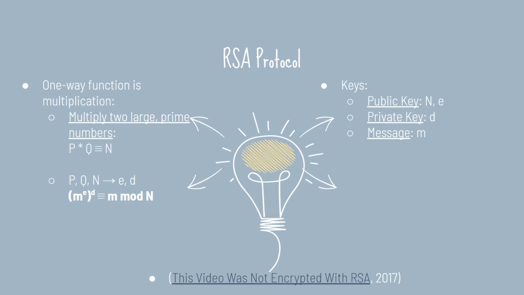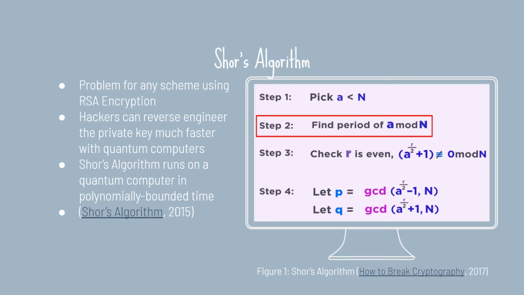This system ensures that encryption is relatively fast and decryption is slow, because the only possible way to reverse engineer the private key d is to know the prime factors of n, p, and q. As of this moment, this process takes computers a seriously long time. The complexity of such algorithms is not polynomially bounded.